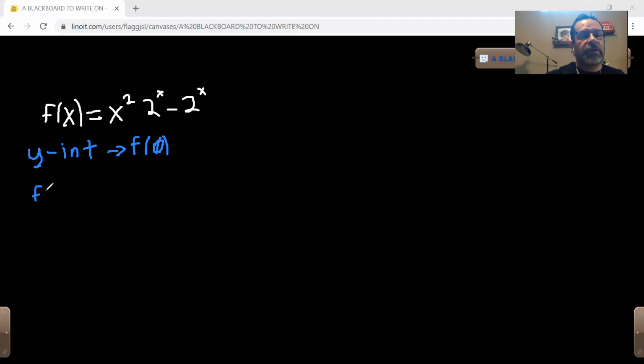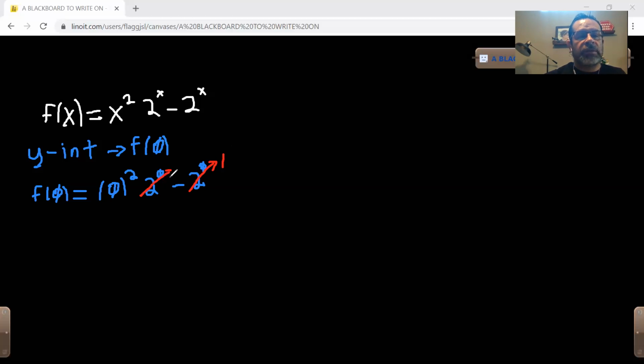F of 0, or if we substitute a 0 for the x, we're going to have 0 squared multiplied by 2 to the 0, minus 2 to the 0. And this is going to be quick because 2 to the 0 is equal to 1.